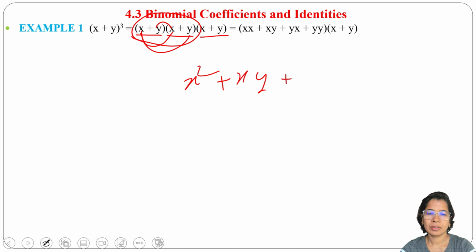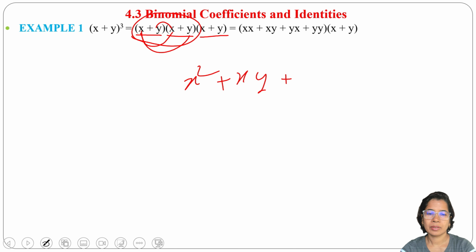So x multiplied with all will be x cube plus 2x square y plus x y square. Then y multiplied with all will be x square y plus 2x y square plus y cube.